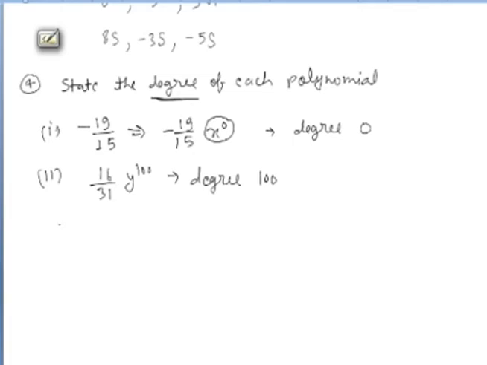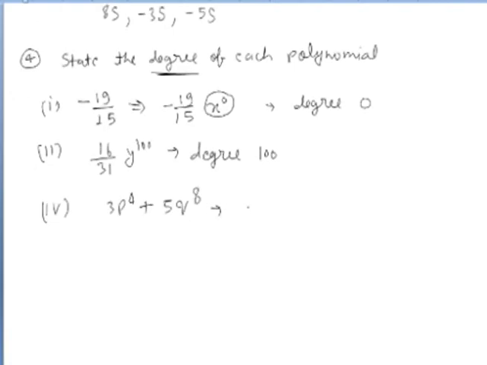In question fourth, 3 q to the power 4 plus 5 q to the power 8. Because we always see the highest power, the degree is 8.